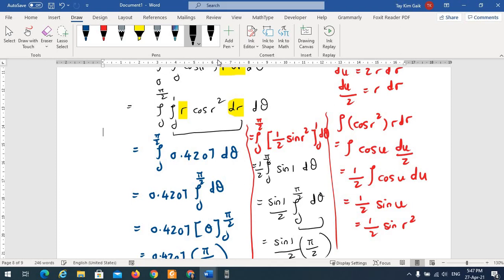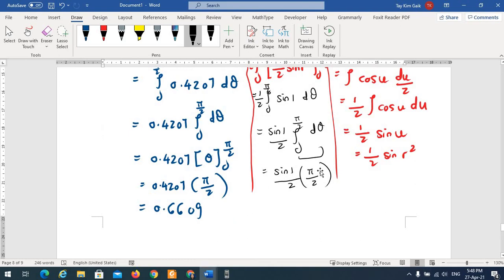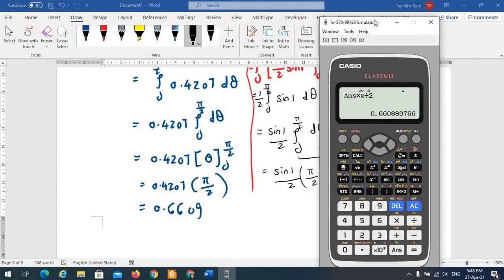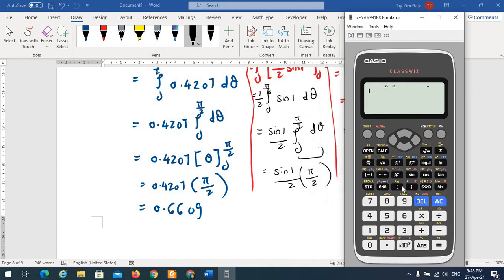If you evaluate manually and you want to see whether both give the same answer, you have to change it to floating point. Sin 1, make sure in radian mode, times pi divided by 2, 0.6609.